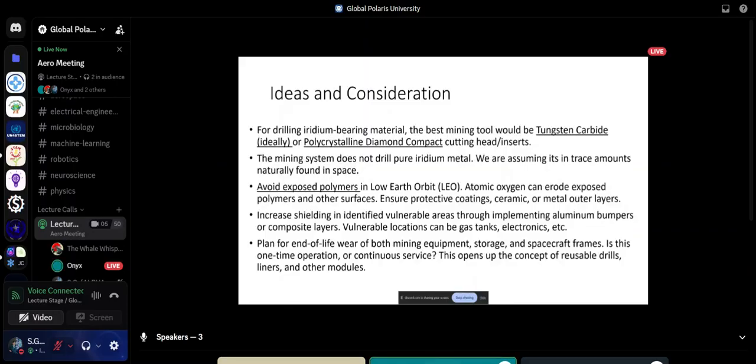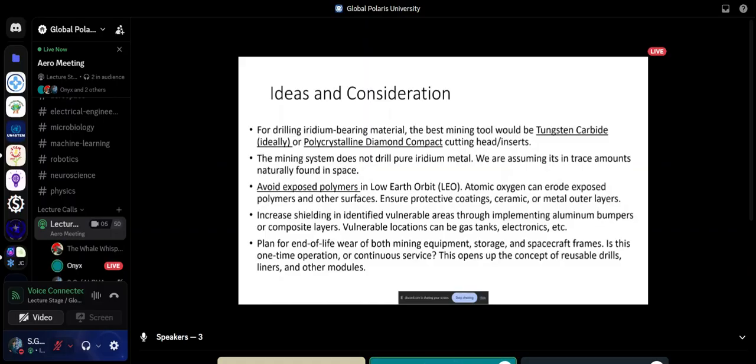I would say the mining system, we should assume that it's obviously not pure iridium metal. We'll never find an asteroid of a pure specific material that's homogeneous throughout. So assuming that it's in trace amounts found naturally in space. I don't have the exact numbers of how the composition of a certain material is throughout generally, but that is one avenue to look through.